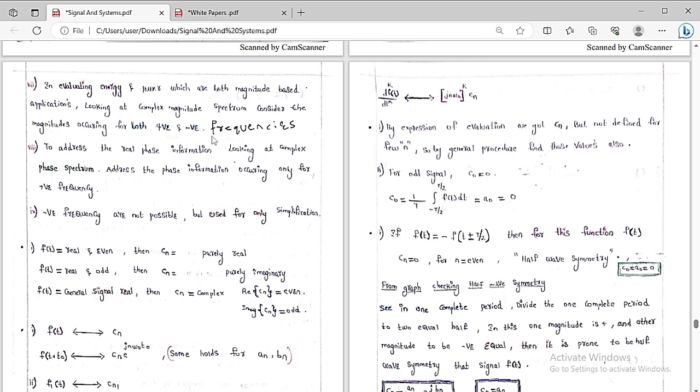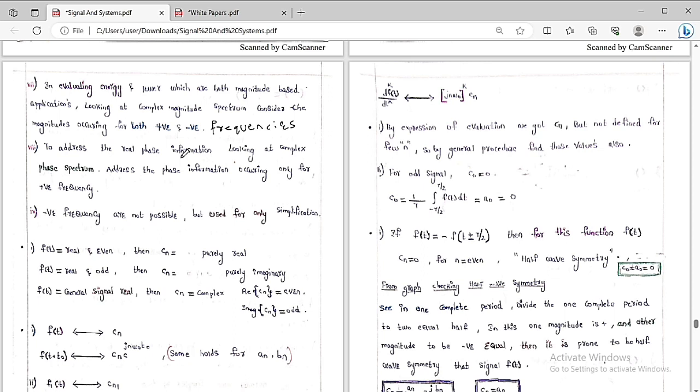In the trigonometric Fourier series and in the exponential Fourier series, only the positive frequencies are going to occur in the real world. So whatever the phases occurring for the positive frequencies, those phases only you have to include while writing the trigonometric Fourier series.